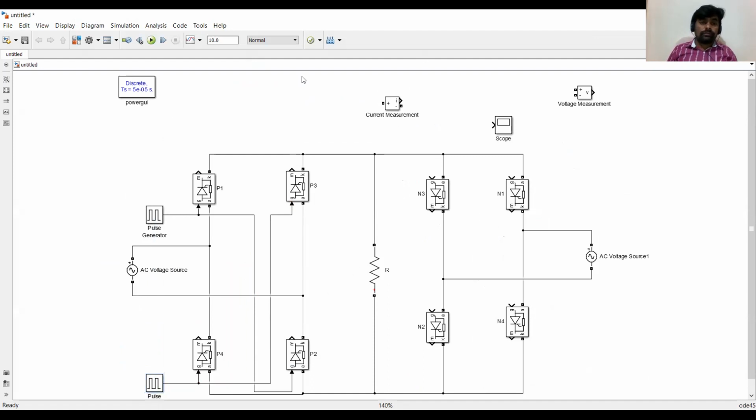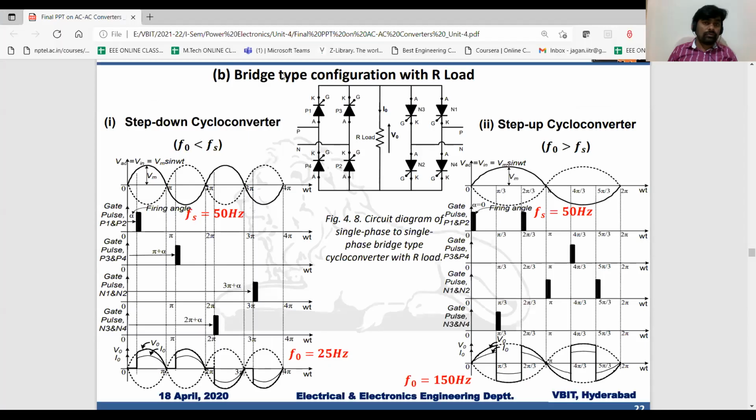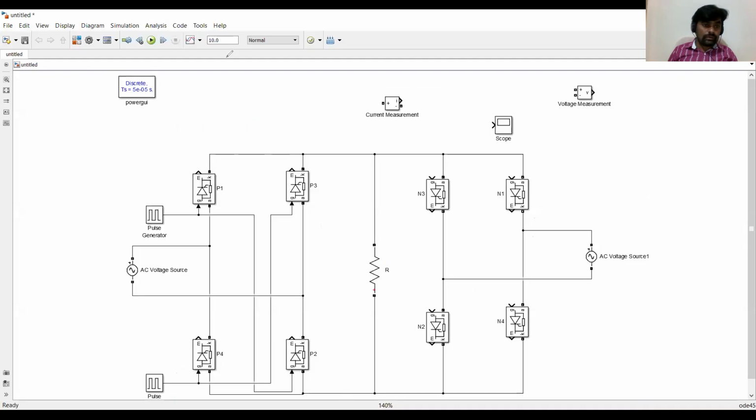Now, if you see, after again 180 degrees with respect to P3 and P4, N3, N4 should be triggered. So I will take this block and I will give the firing pulse to N3 as well as N4.